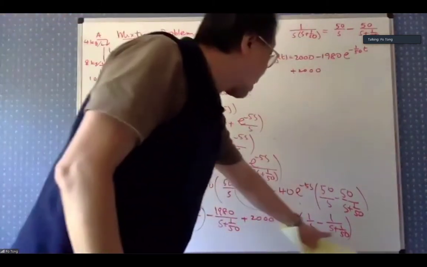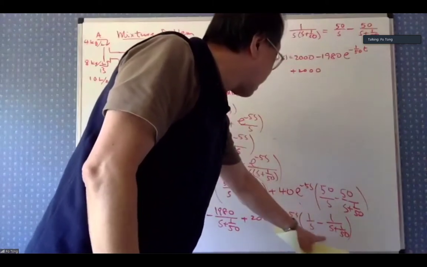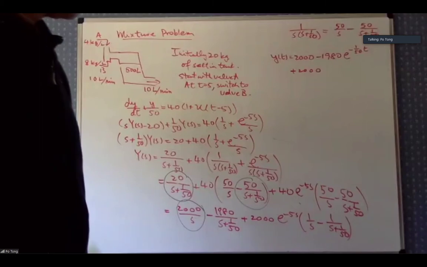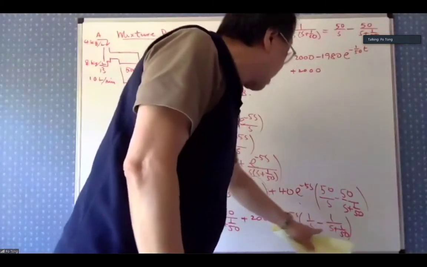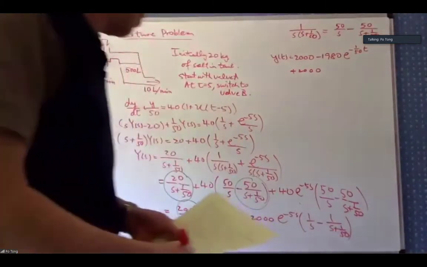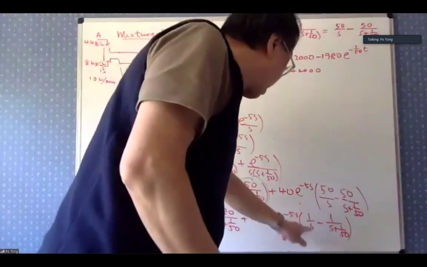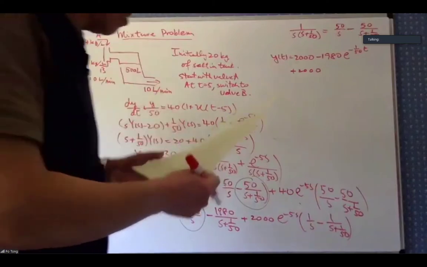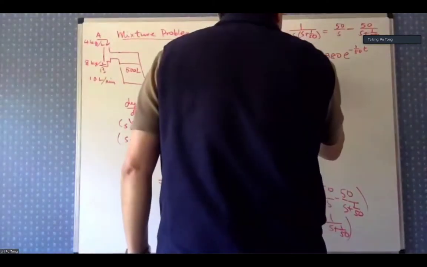Now it's these two guys, but then you multiply by this, which means there's a shift. So you basically take the inverse transform of each of these first. Now this one is 1 over s, which is 1. So this 2000 is still here.